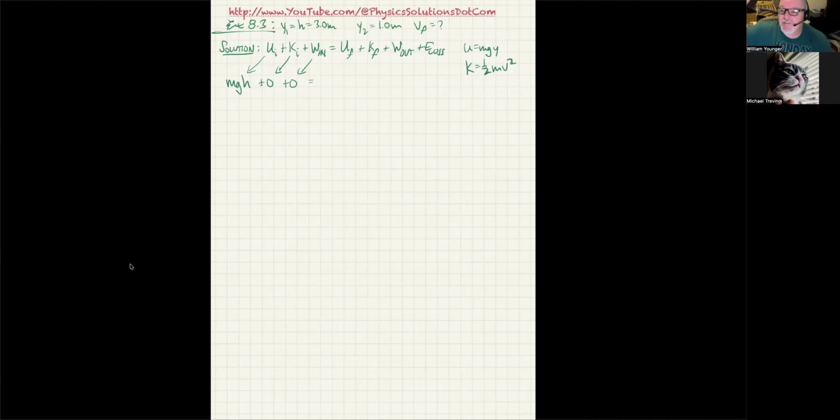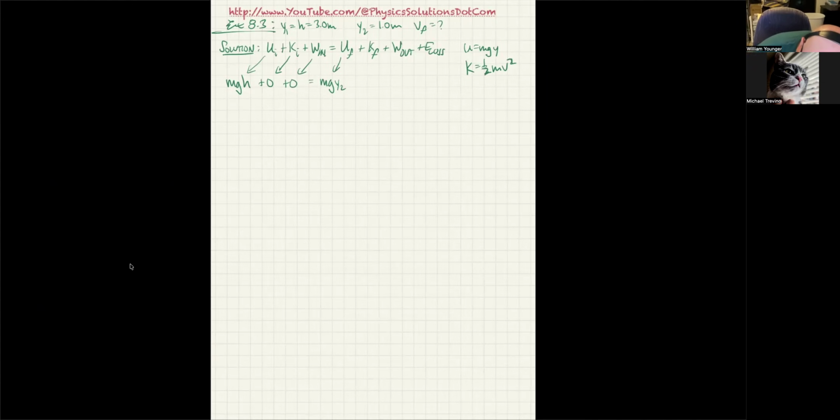And then when it gets down to a height of y equal 1 meter, its potential energy is not 0. If we allowed it to go all the way to the ground, then we could say the final potential energy is 0, and it'd be a little bit easier for us. But that's not what they told us to do. They want us to say m times g times y2, like that. That's the final potential energy.